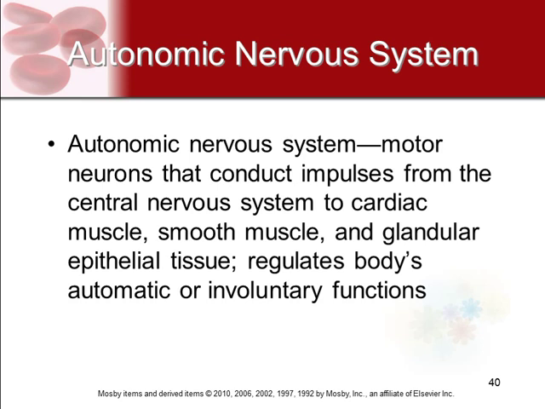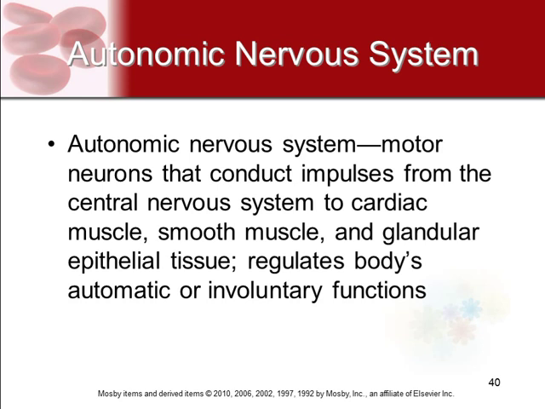So we're just going to talk a little bit about some of the different divisions of the peripheral nervous system. One of them is the autonomic nervous system, and that's the motor neurons that conduct impulses from your central nervous system to things like your cardiac muscle, your smooth muscle, and your glandular tissue, and those regulate your body's automatic responses.